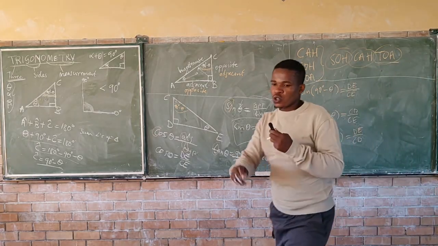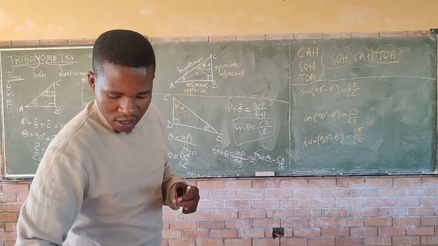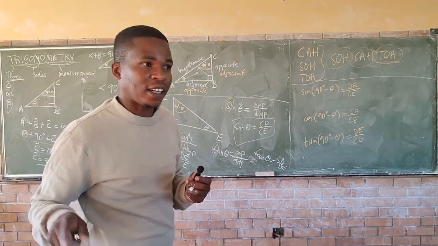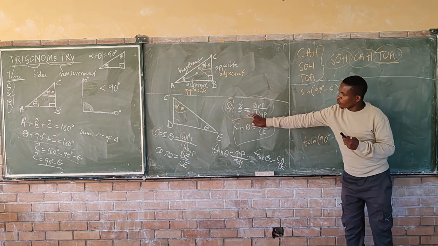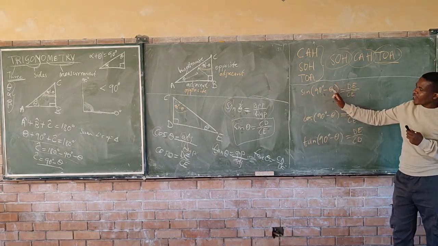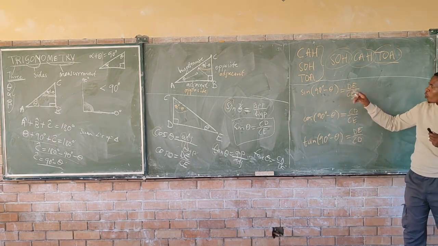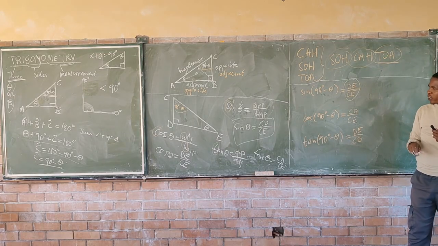Now, I want to show you something. I'm sure some just know it by another name, but they don't know where it's coming from. All right, let's look at the two. This one for theta and this one for 90 minus theta. Is there any one of them common in terms of this ratio? Which one and which one?